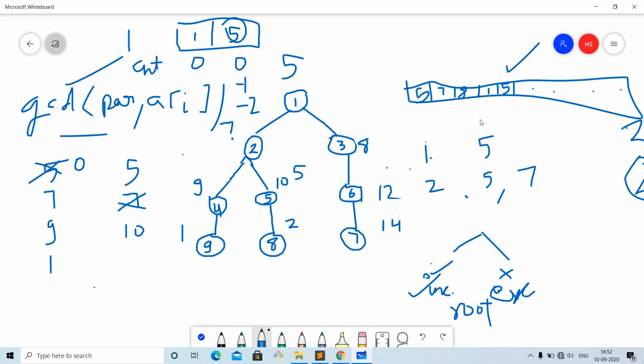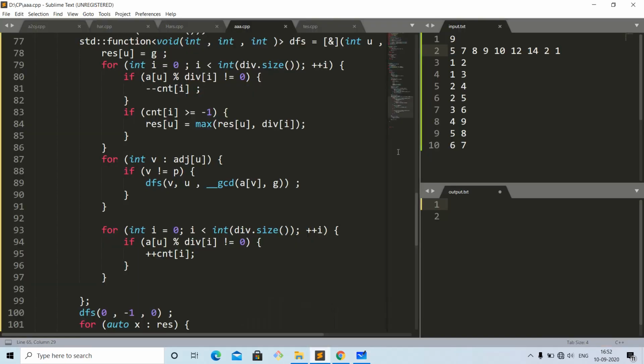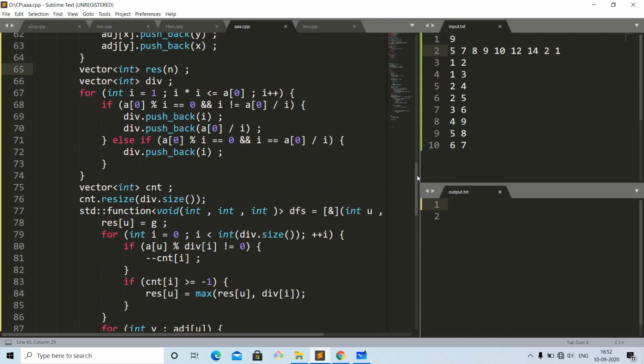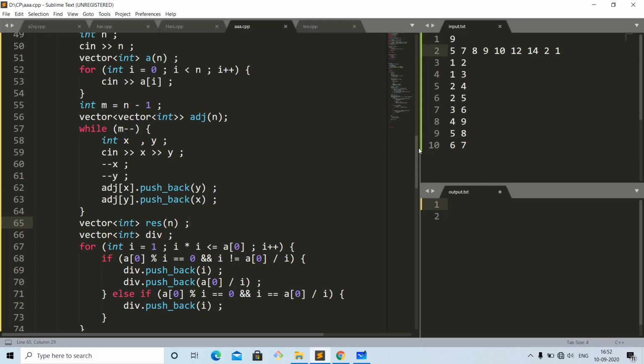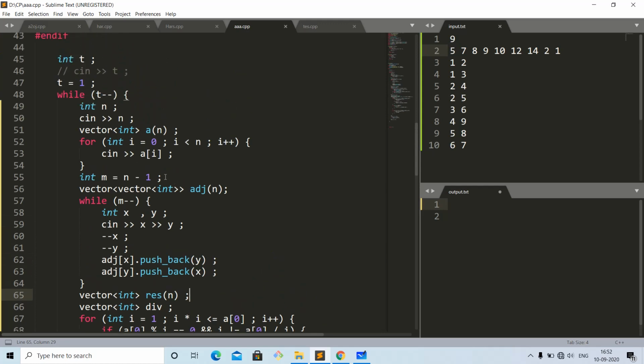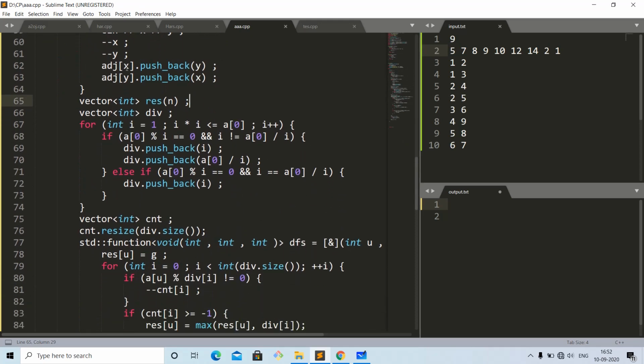So let us now look at the code to understand it a little bit better. Here I will first of all initialize the input, and then connect those edges, and then this is my result array, this is my divisor array, this is the normal divisors calculation as we do.